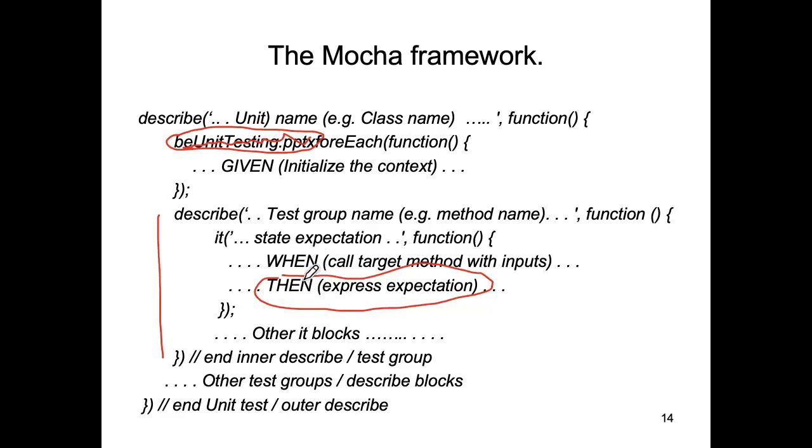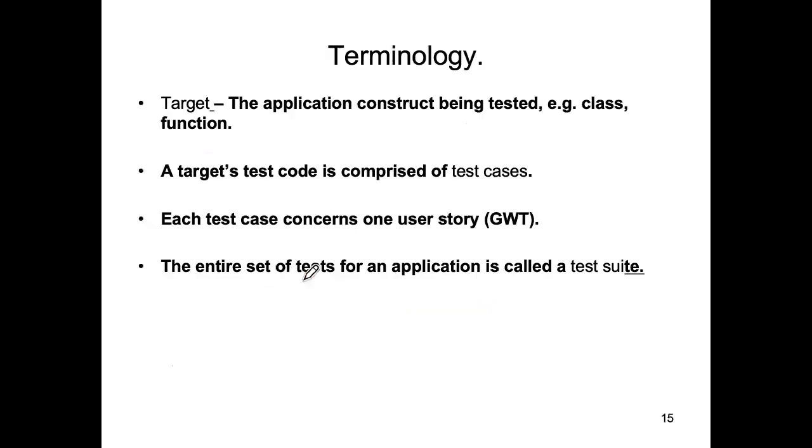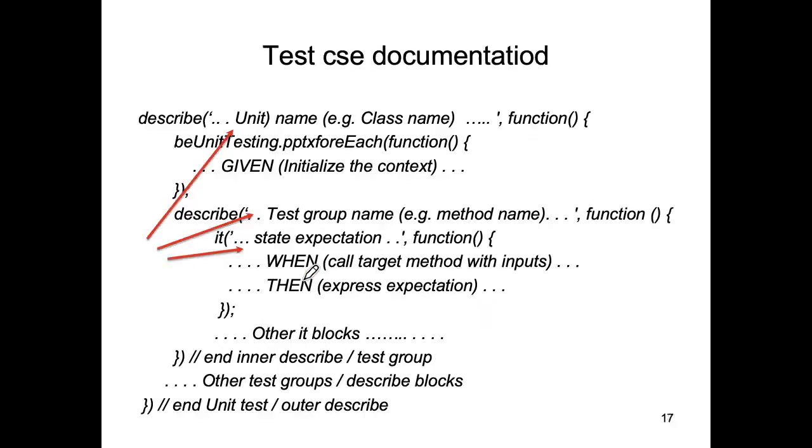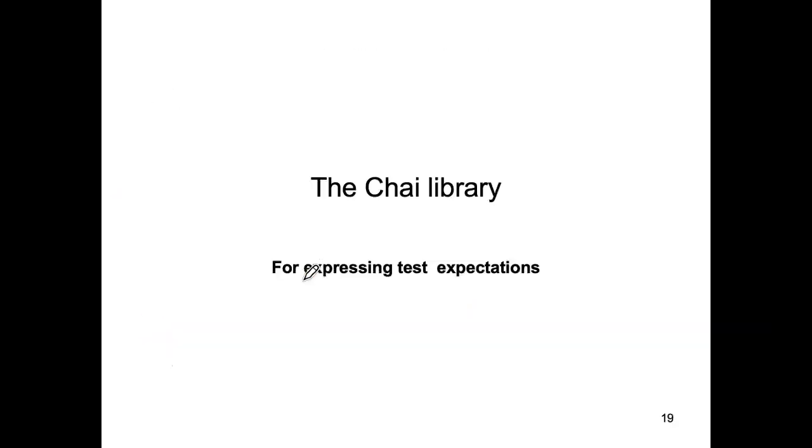And rather than using if-else statements, which is what we did in the custom script, this is where the Chai library comes in. It allows us to express those things using a much nicer kind of syntax.